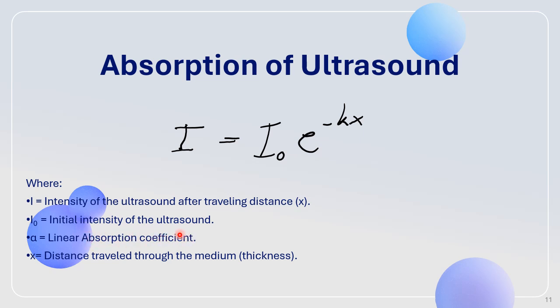It shows how much of the ultrasound will actually be absorbed by that particular medium. Let's say if it's bone, it will have its own linear absorption coefficient. If it's muscle, tissue, air, or blood, they all have their own linear absorption coefficient. Right, and then x is the distance traveled through that medium, or its thickness.